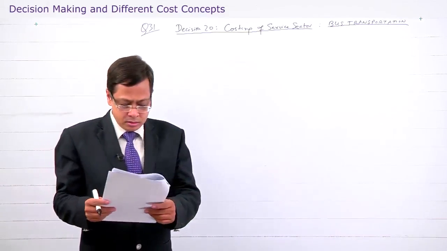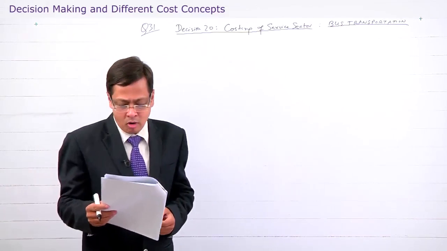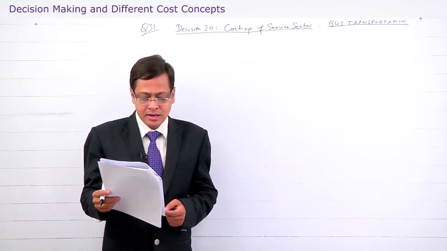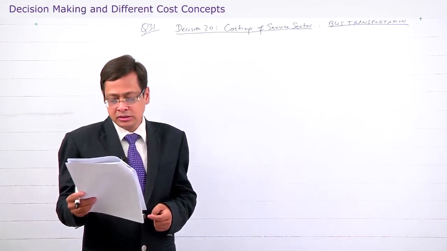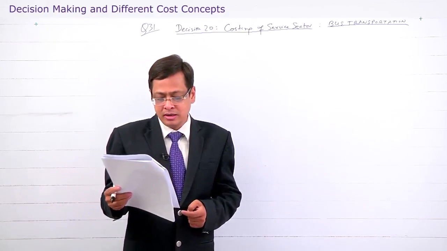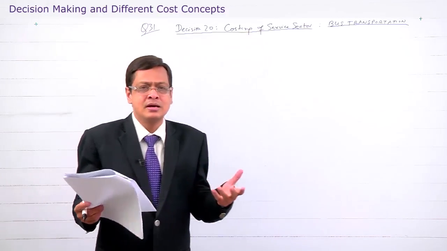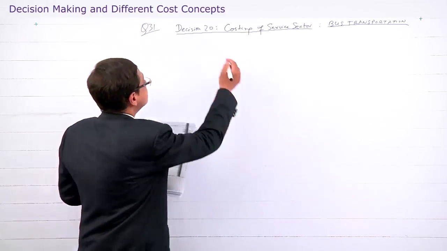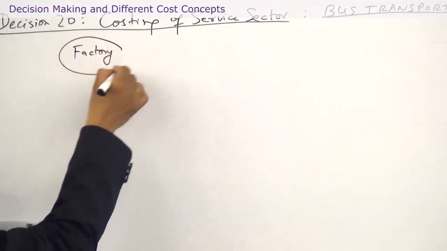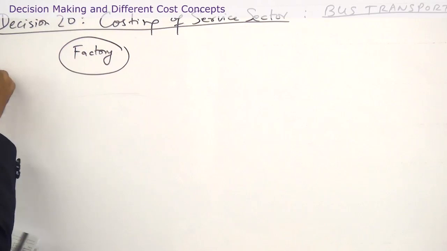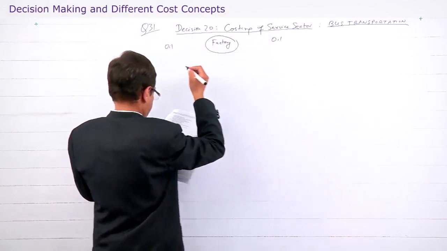The question says: a manufacturing company runs its boiler on furnace oil obtained from X oil company and Y oil company, whose depots are situated at 24 and 16 kilometer from the factory site. So, let us make a small drawing. This is the factory, this is the oil company.